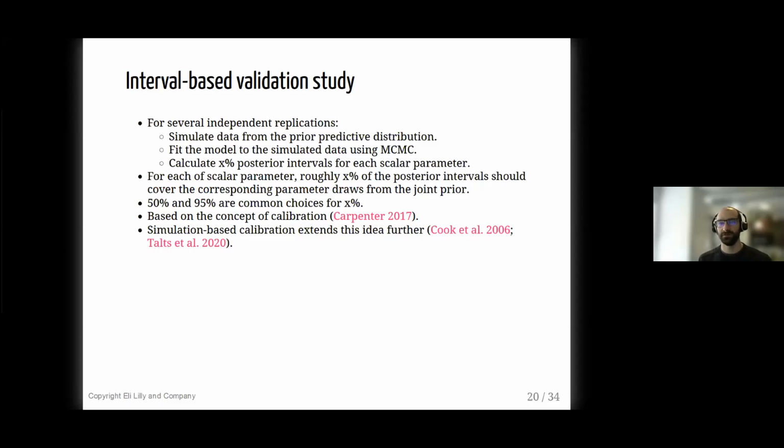Unless you have really improper priors or extreme priors, then the posterior is calibrated by definition. If you're simulating from the prior predictive distribution and then analyze that data with the same model, then the prior and posterior should agree. And that's why this works.